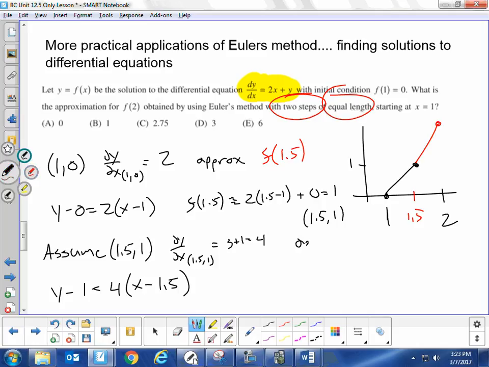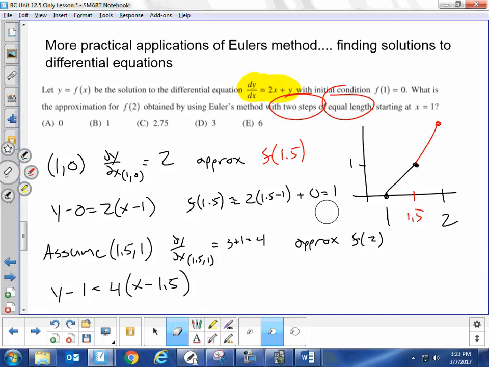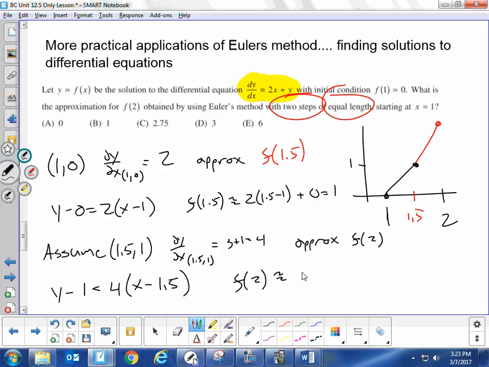We will use that to approximate f of 2. f of 2 is approximately 4 times (2 minus 1.5). You will notice that in here will always be our step size. So you don't have to write this repeatedly if you just know it's going to be 0.5 every time. Plus 1. 4 times 0.5 is 2. 2 plus 1 is 3. Okay? We think that we will get up to 3, and an approximation for my solution is 3.